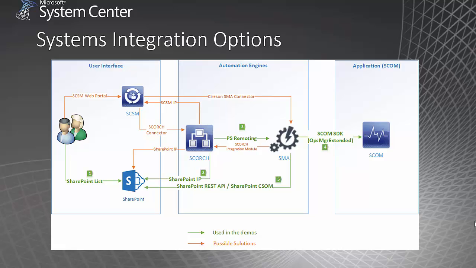So if you want to stay everything inside System Center and want to be ITIL compliant, then you probably want to go with Service Manager. Service Manager has got connectors to both Orchestrator and SMA that can talk directly to Orchestrator or SMA. But in my lab environment, I also found a SharePoint list is also a very good candidate.